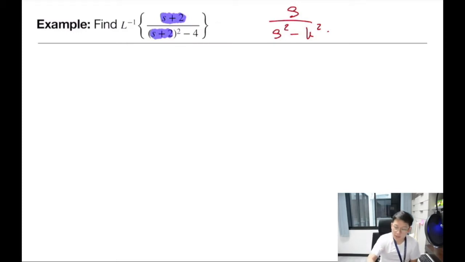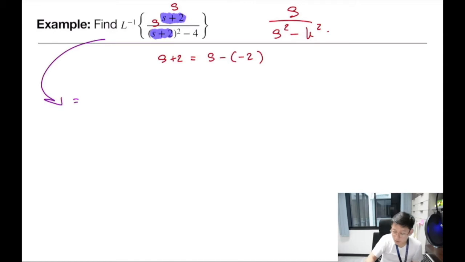It's a big S, basically. But guys, don't forget, s plus 2 is actually s minus minus 2. So this is actually like s minus a. You look at it as a big S.